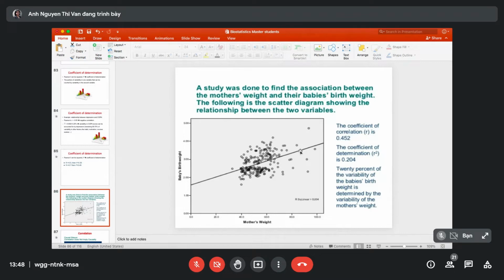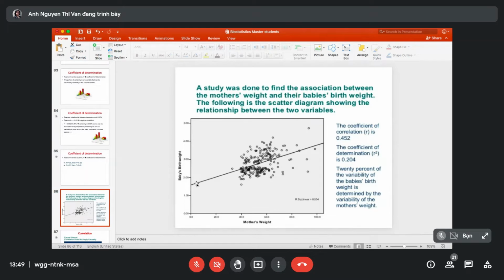You can see on the figure the points are the data. All the points are the real data, and the line tells you the trend of the correlation. It is a positive trend, but it's not very steep.